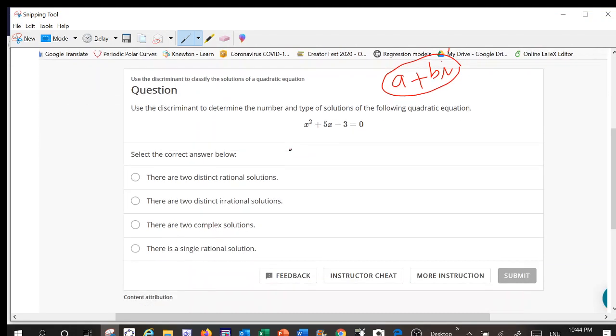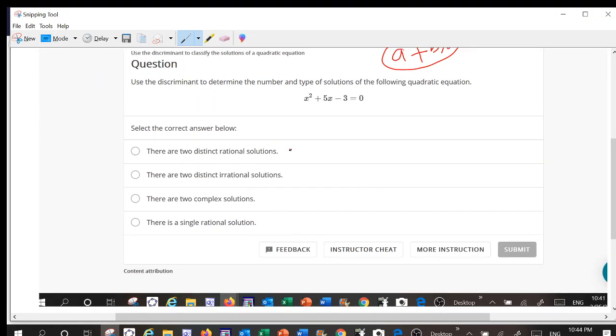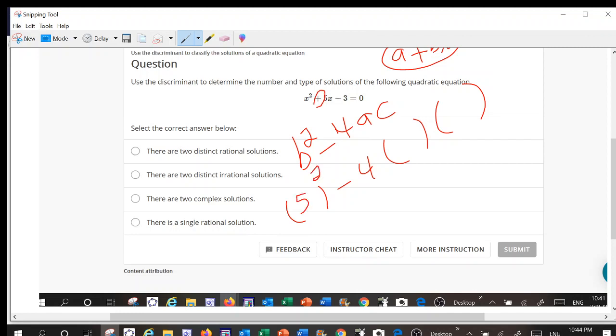So here we are going to basically see what the discriminant is. So that's b squared minus 4ac. Now, let's substitute for those. The b here is 5, so that's b squared, minus 4, a is 1, and c is negative 3. So that's 25.